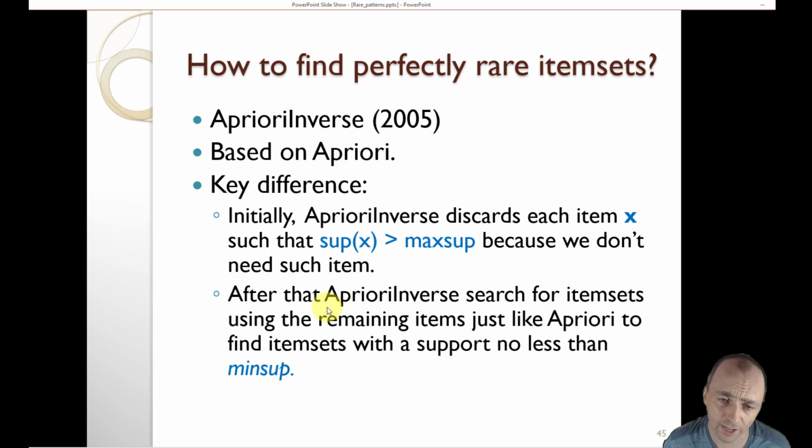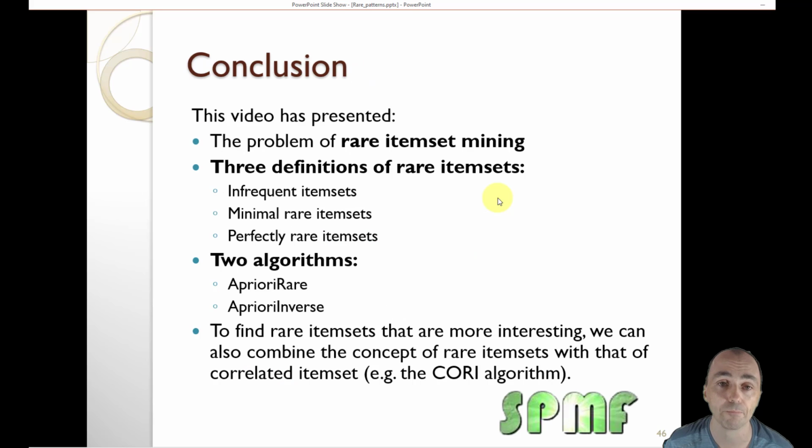After that, AprioriInverse will search for item sets using the other items, just like Apriori, and find the item sets that have a support not less than the minimum support. So the principle of this algorithm is very simple. Compared to Apriori, it is almost the same. You just change maybe a few lines in your code to get the AprioriInverse algorithm.